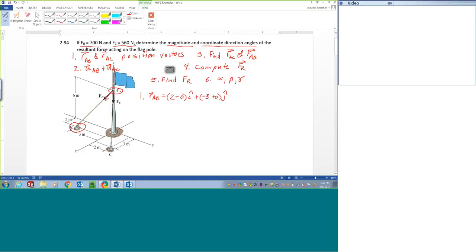In the z direction, we have 0 at ground level, minus 6, so minus 6k. If I simplify that down, we get 2i, negative 3j, minus 6k. That's RAB.